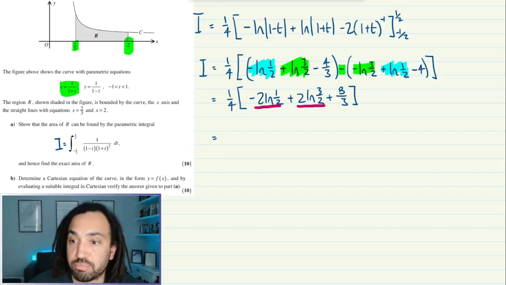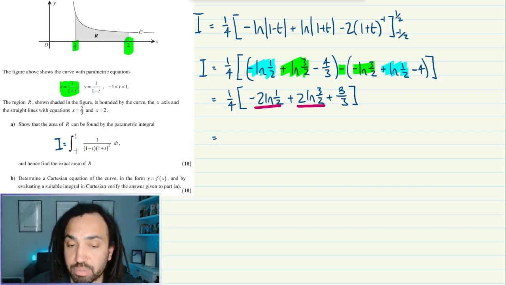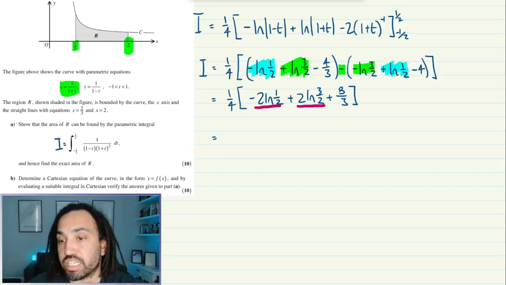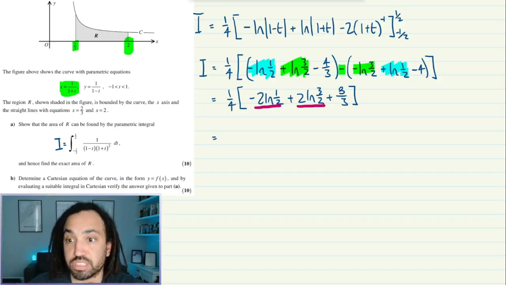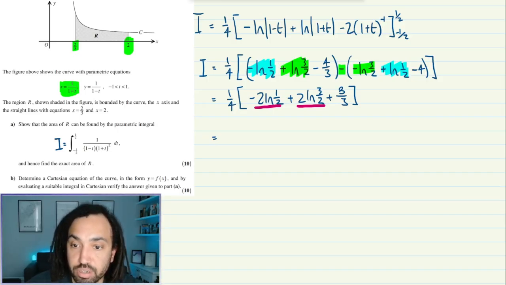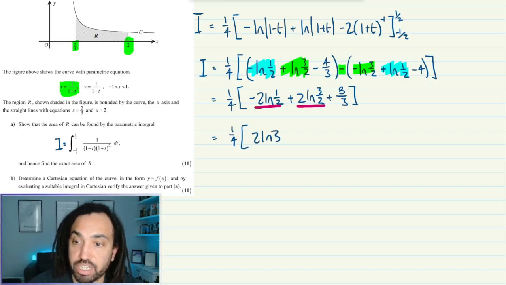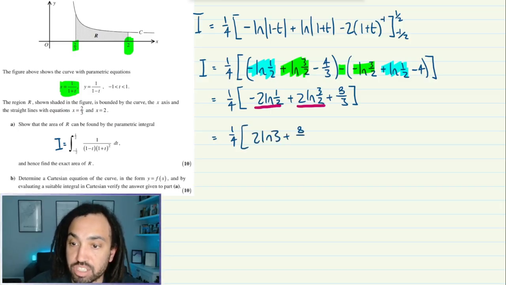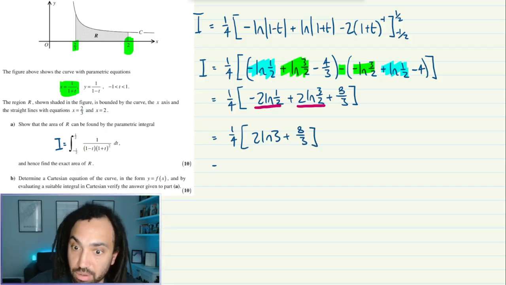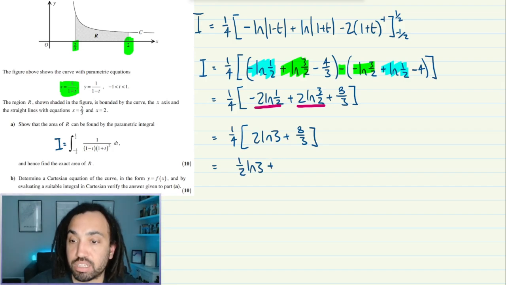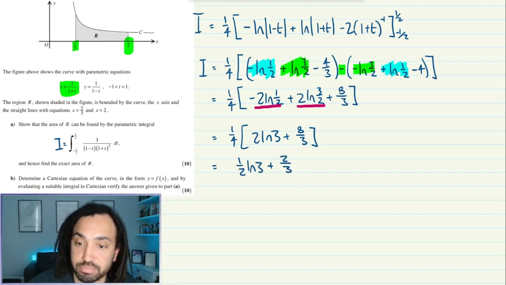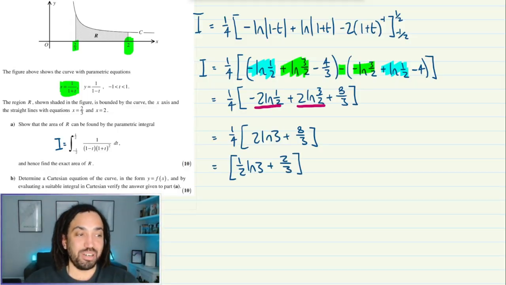So that is going to give me 3 over 2 divided by 1 over 2, which is just 3. So I'm going to get a quarter of 2 ln 3 plus 8 over 3. And now let's times through by the quarter. I get a half ln 3 plus 2 over 3. Okay. And that's part A done.